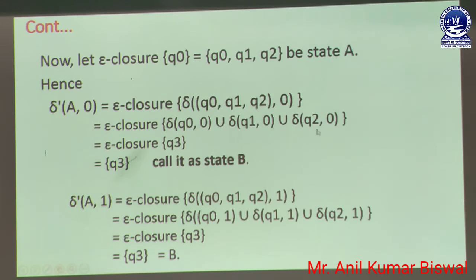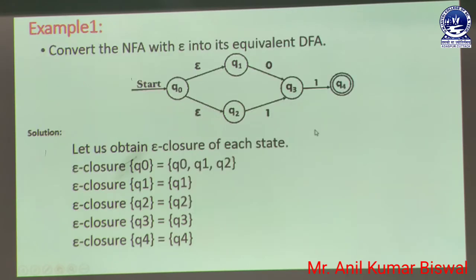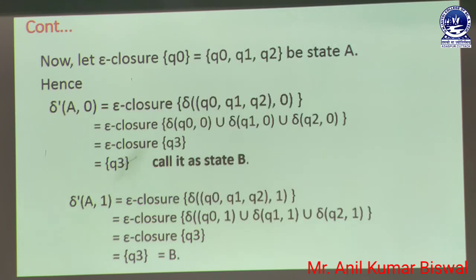Then whenever the user puts Q2 with input symbol 0, Q2 never takes any input symbol 0. That means no new state is created on input symbol 0. So it is an empty state, because here we never consider an empty state. That's why we are counting the epsilon closure.